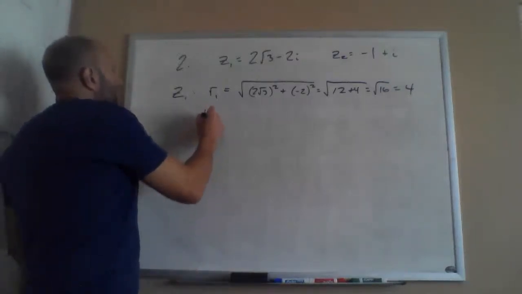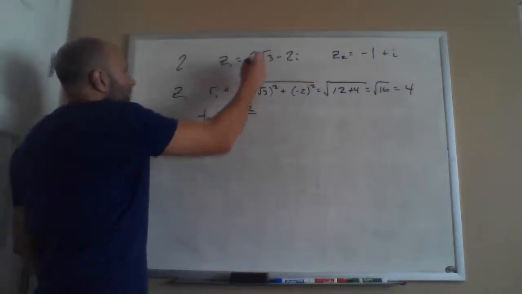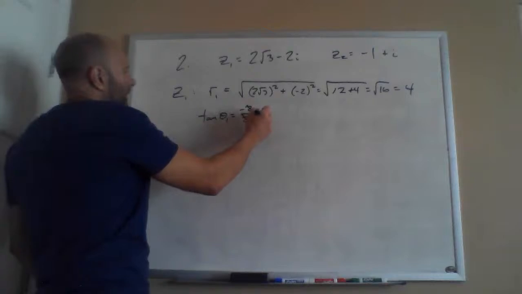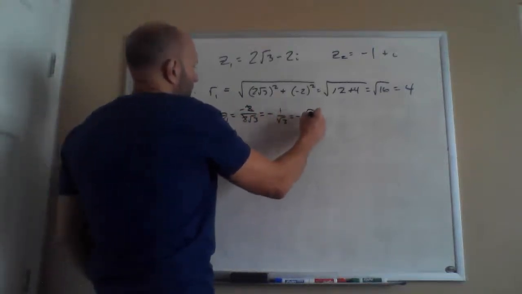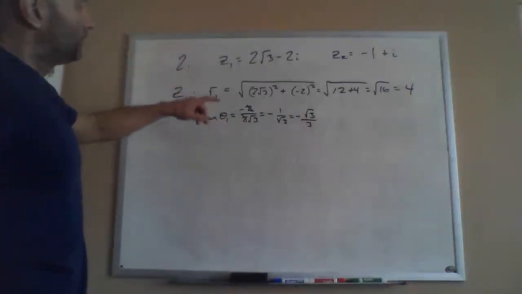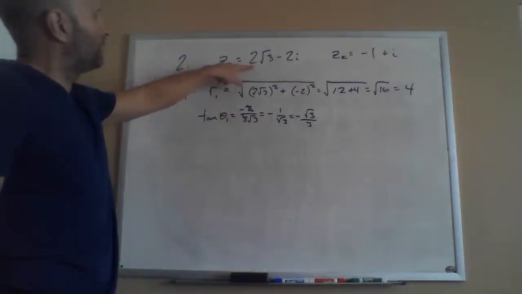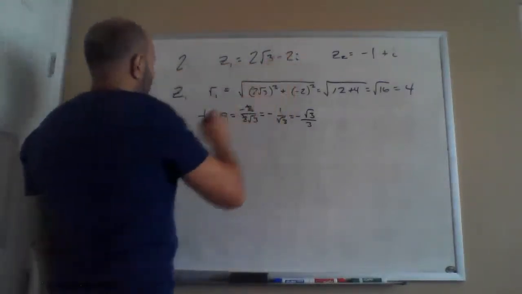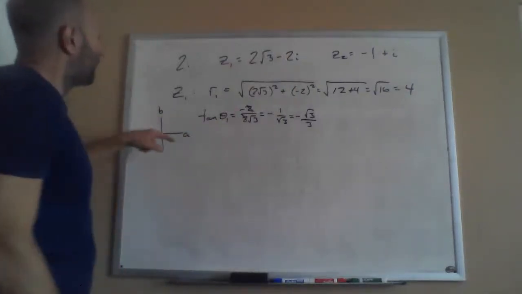For our theta, so tangent of theta 1 is b, -2, over 2 root 3. So the 2's cancel out. I get -1 over root 3, which we know when we rationalize it becomes -root 3 over 3. So I have 2 possibilities for theta here, and it's dependent on which quadrant I'm in. So in our complex plane, our A is like our X value, our B is like the Y value.